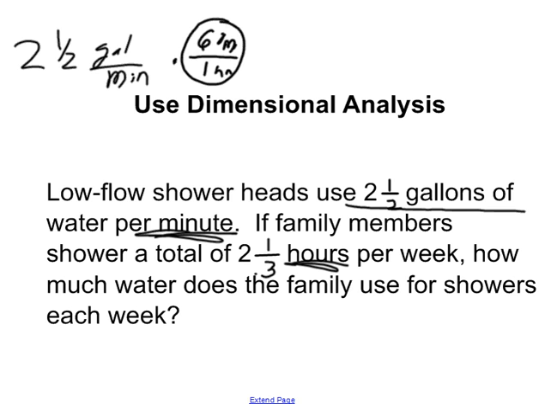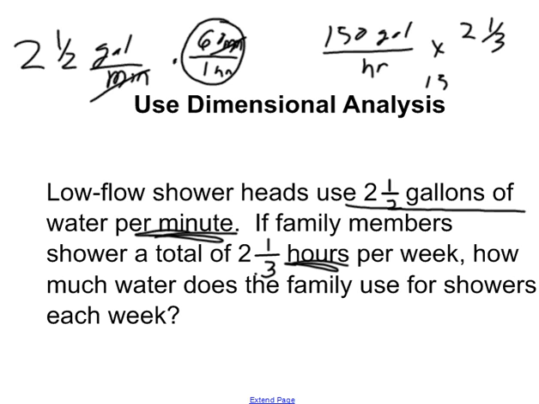By doing so, my minutes cancel out, and I'm going to get 2 1/2 times 60, which would be 150 gallons per hour is how much is used. Now, if I shower for 2 1/3 hours, I'm going to take that times 2 1/3.